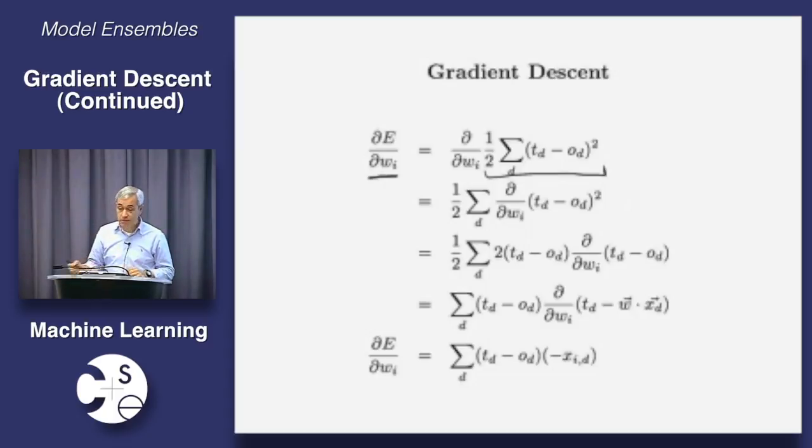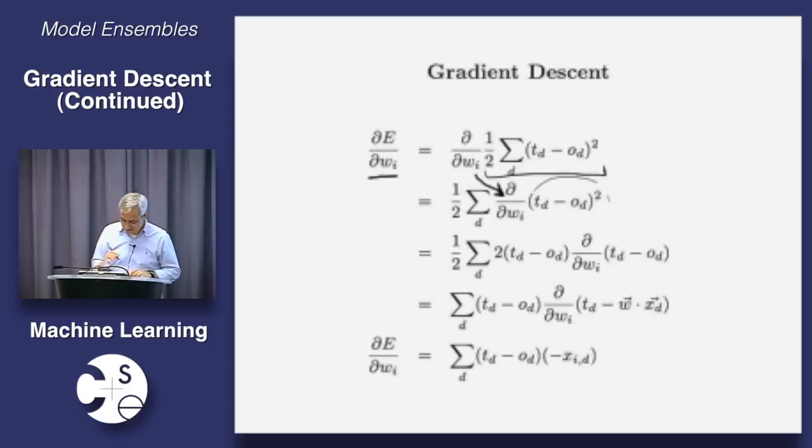The derivative of a sum is the sum of the derivatives, so I can push my d/dw_i inside here. Everybody agree? Very good. And now remember, what we have here is a quadratic function, and we're going to use the chain rule of differentiation. Can anybody remind me what that is? My calculus is rusty too, so I need help here. What's the chain rule of differentiation?